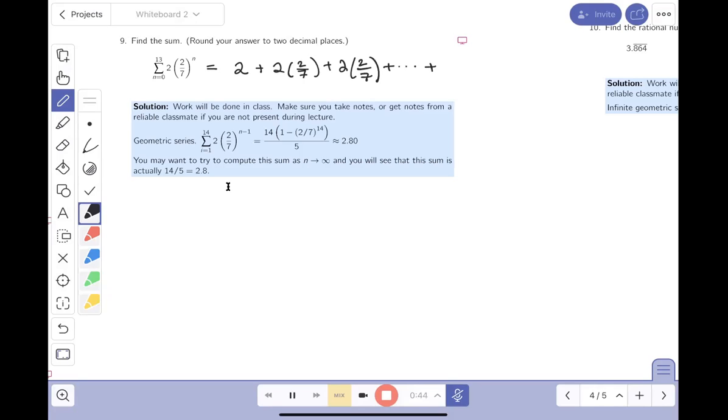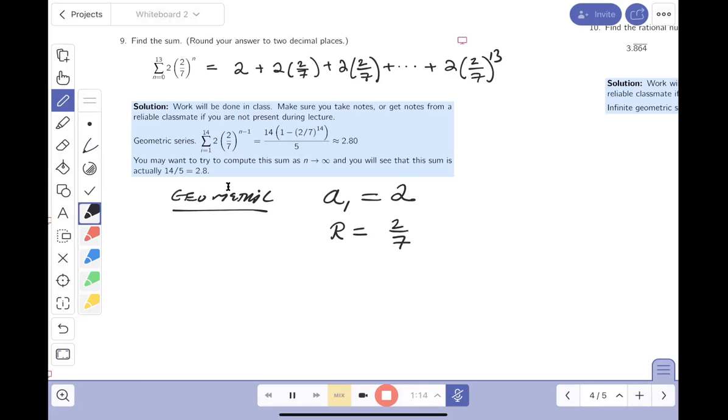It does eventually stop. Where does it stop? At 13. Okay. I want to claim that this is geometric, with the understanding that A1 is 2. That's pretty simple. And I'm going to claim r is 2 sevenths.